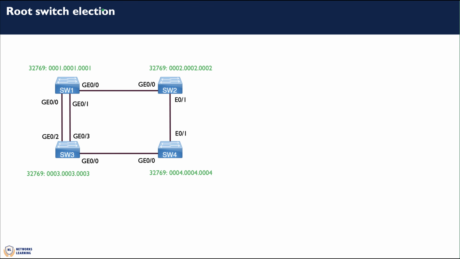Once your spanning tree has settled and you have your root bridge selected and your ports assigned as they should be, blocked, designated ports and so forth, the topology will settle. Every switch will be sending BPDU hellos every 2 seconds.